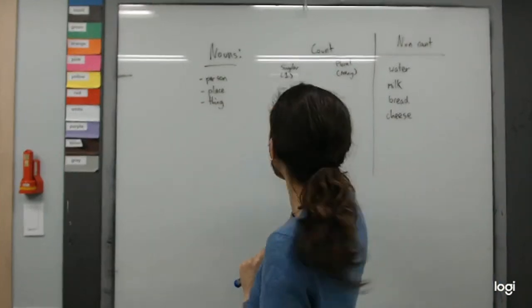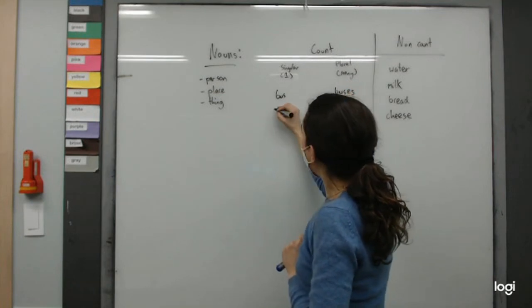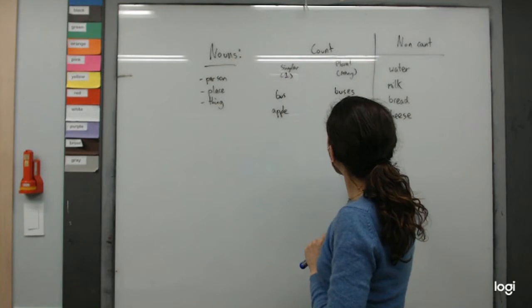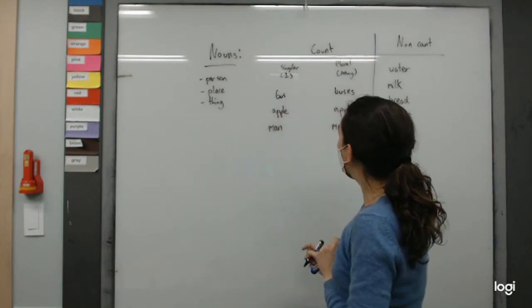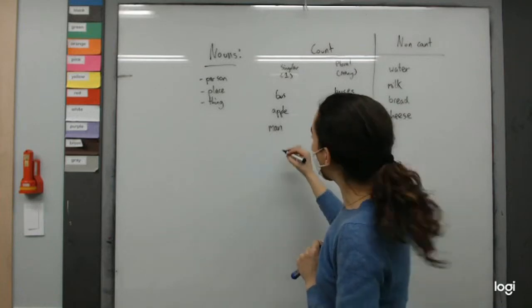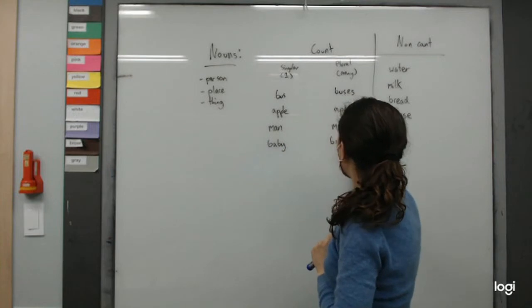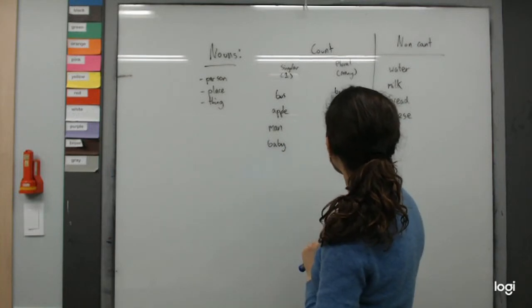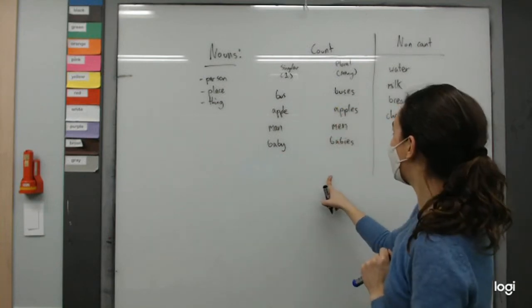So some examples, we have bus becomes buses, apple, apples, man becomes men, baby, babies. So most words, we have certain patterns that we add for plurals.